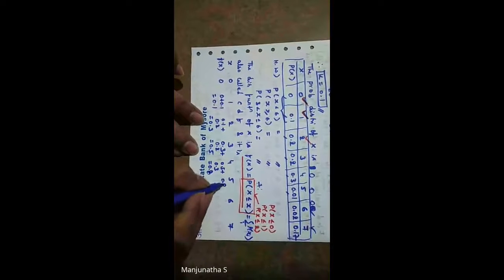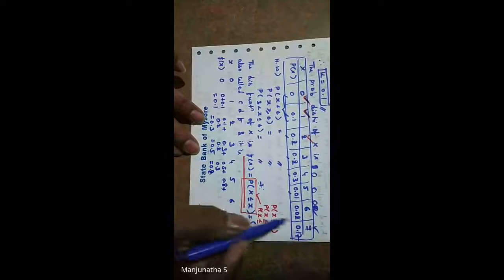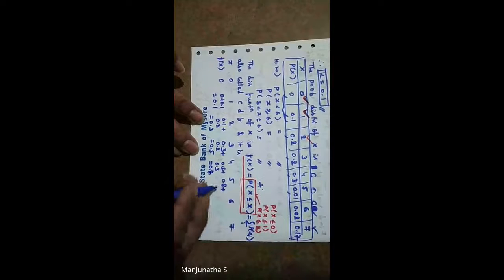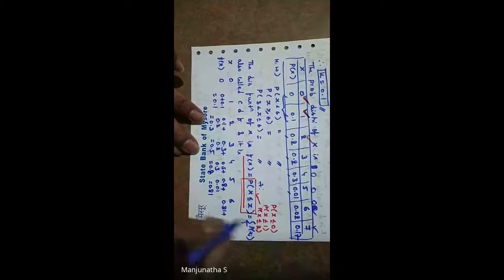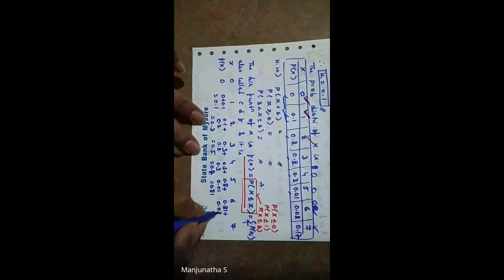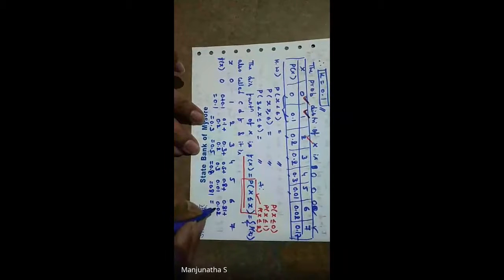Next 0.8 plus the fifth one, 0.01, so it is 0.81. Similarly 0.81 plus 0.02, so don't get confused, you can do it. So 0.83. Next 0.83 plus 0.17, when you add, definitely you will get 1.